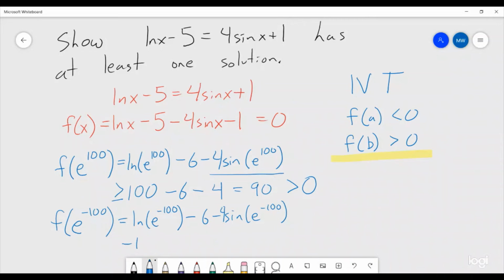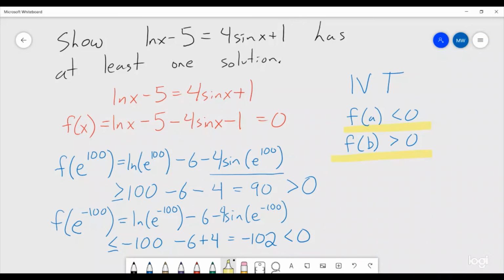So this is a minus 100 minus 6, but this time we're trying to find something that's bigger than it. So this time instead of taking minus 4, we're going to take plus 4. So this is negative 102, which is less than 0. And so we have successfully found something less than 0.